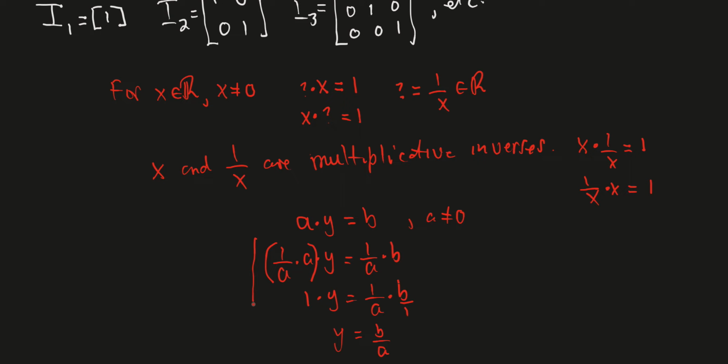Very few, if any, students at an elementary algebra level would think through the properties like this. It seems like it's the shortcut, so it's so much easier to say, yeah, let's just divide both sides by a.